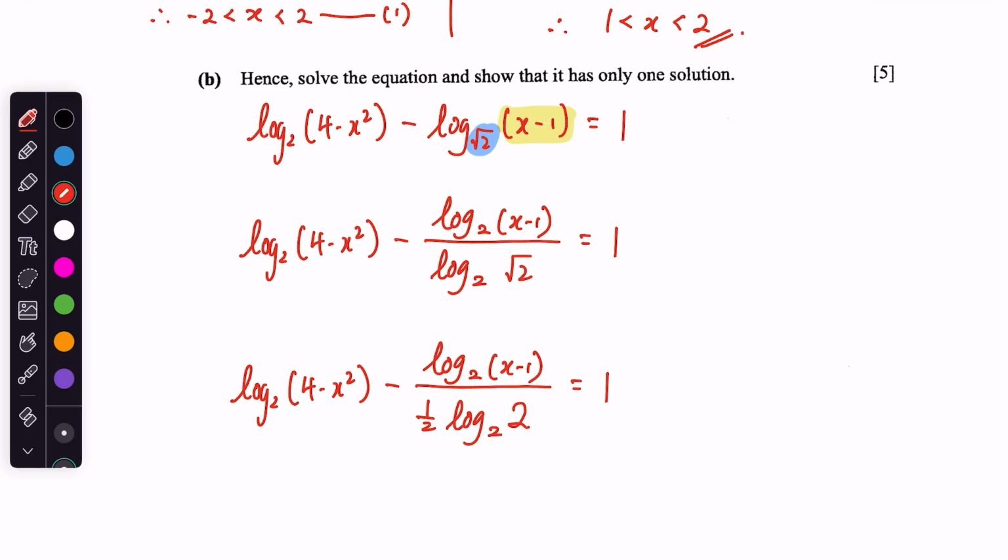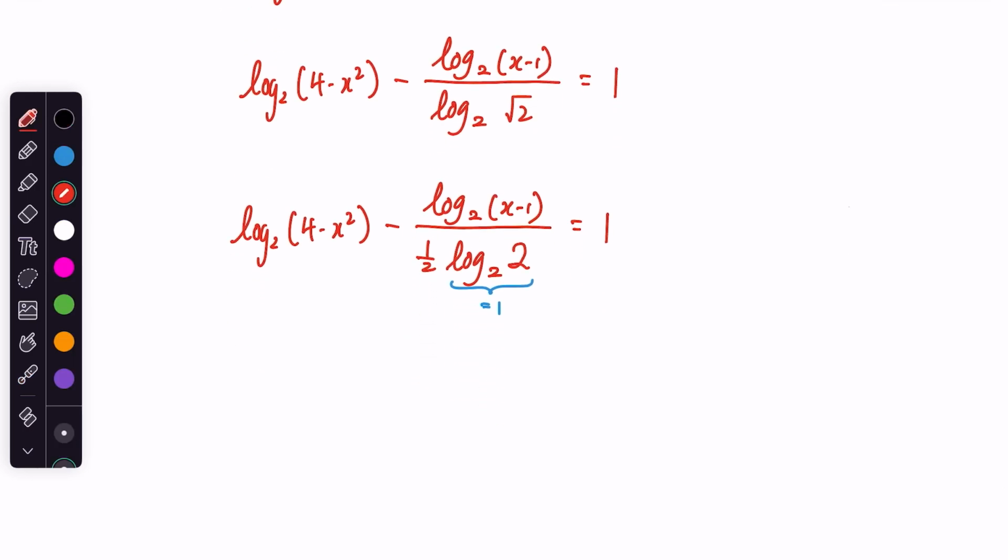Okay, the good thing is that this log base 2 2 is equal to 1. And when I divide by half, it's just multiplied by 2. So I'll write that down. Okay, log base 2 of 4 minus x squared, minus 2 log base 2 of x minus 1, equals to 1.